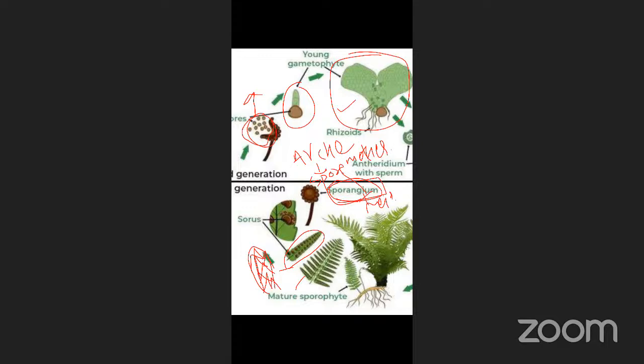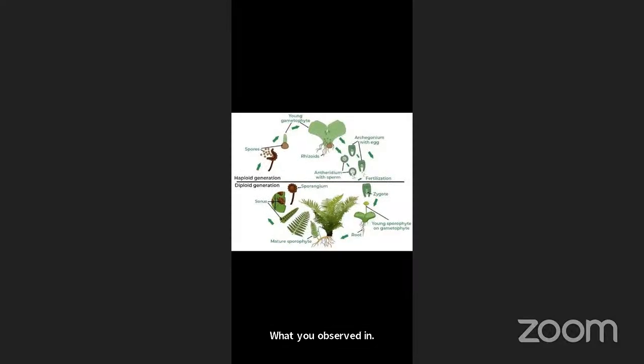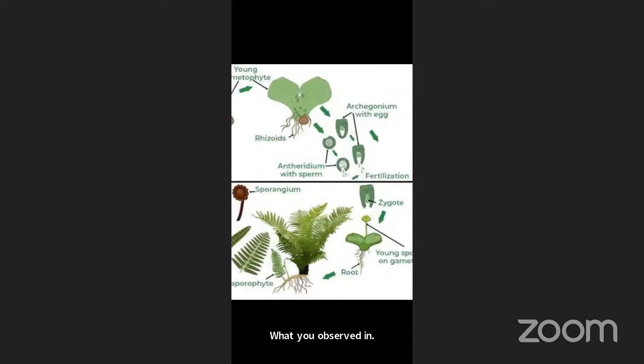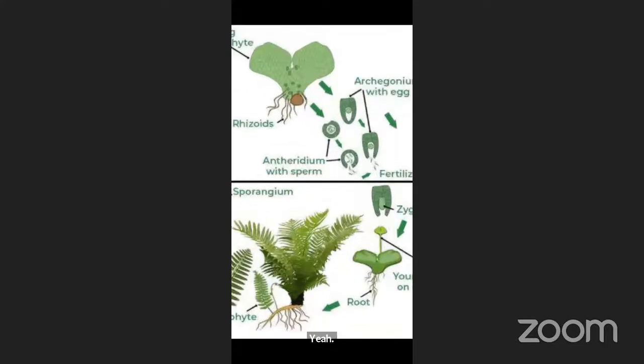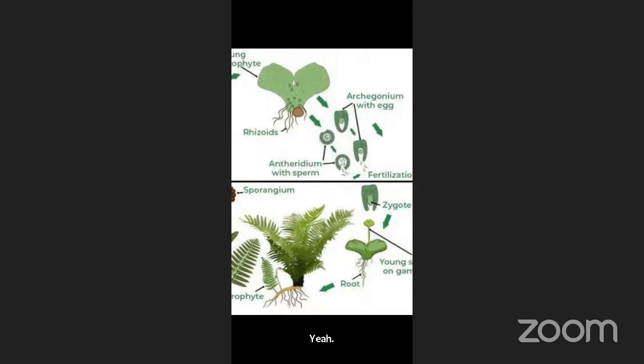After formation of the gametophyte, what happened? What did you observe in bryophyta, in the gametophyte? The gametophyte structure has rhizoids, common like bryophyta, and a dorsiventral structure, green in color, with lobes.